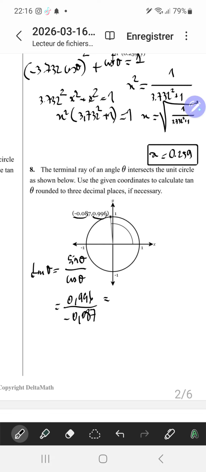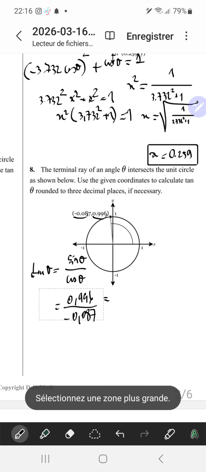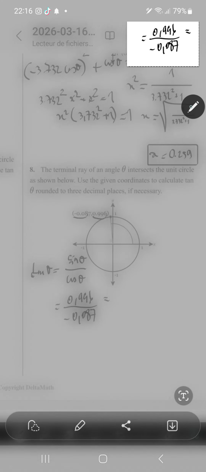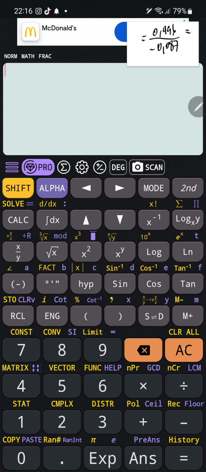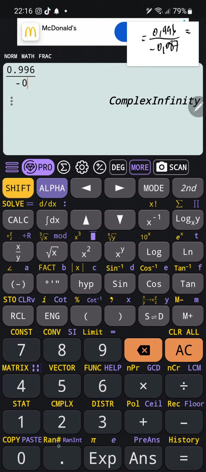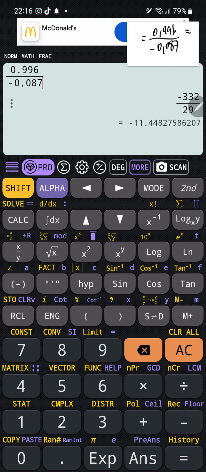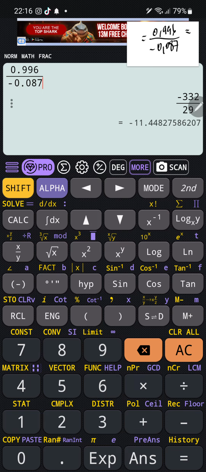So it's over minus 0.087. So the tangent is this.